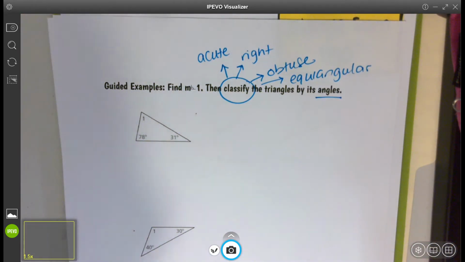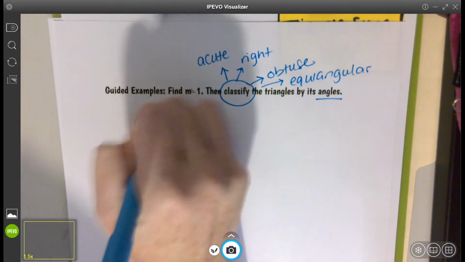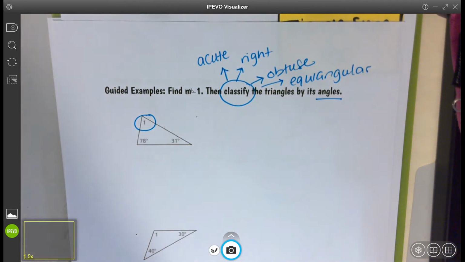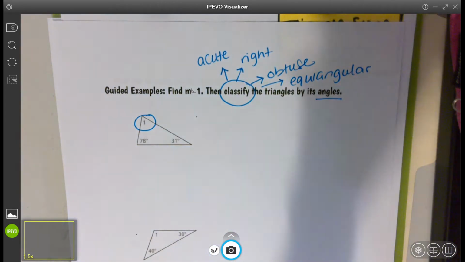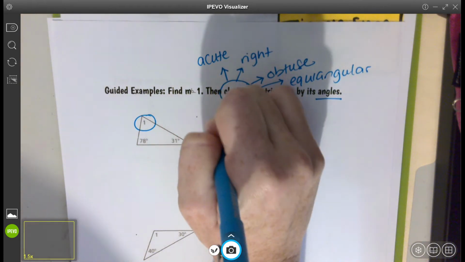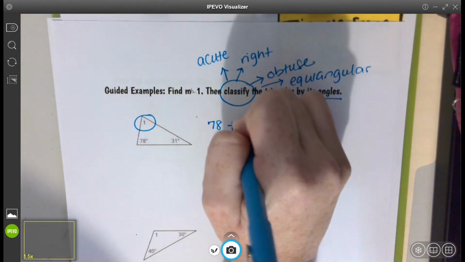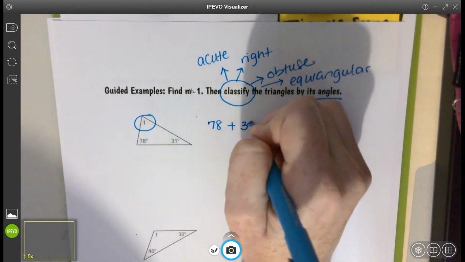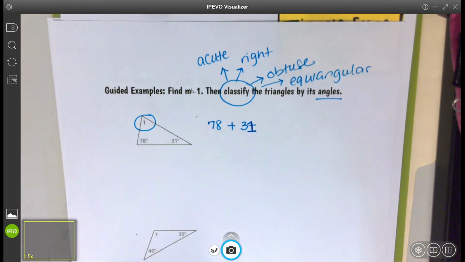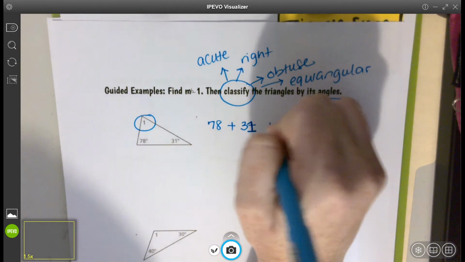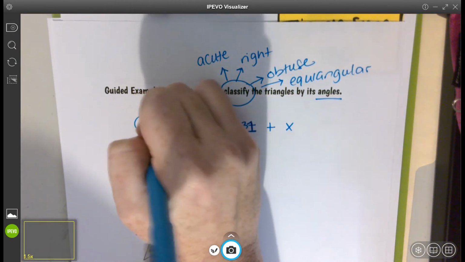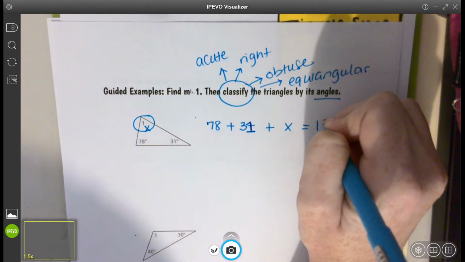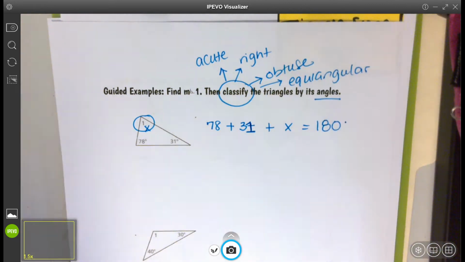All right, so here we have our triangle and we're looking for angle 1. So to figure out angle 1, I'm going to create an equation. So I'm going to say 78 plus 31, sorry for the typo, 31 plus x, I'm going to call this x, equals 180 degrees.